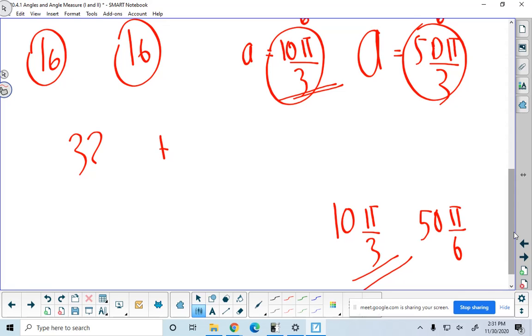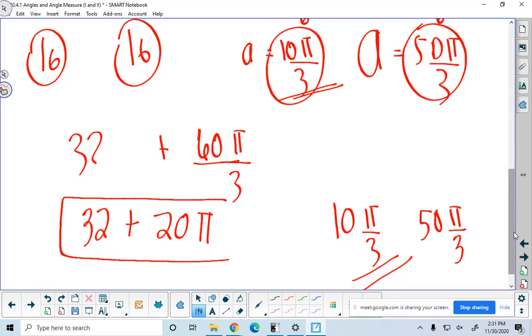And rather than thinking 50 pi all over 3, think of it as 50 pi over 3. I had a typo there, I wrote the wrong number. See, because then I say to you, well, if I had 50 puppies plus 10 puppies, I would have 60 puppies. That means if I had 50 pi over 3s plus 10 pi over 3s, that gives me 60 pi over 3s. And as luck would have it, 60 over 3 reduces. So we end up with 32 plus 20 pi.